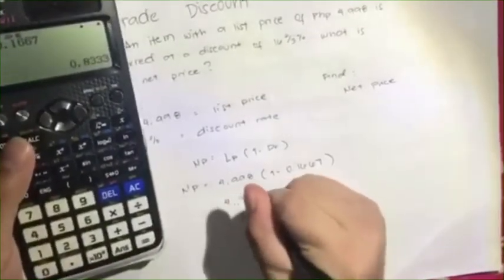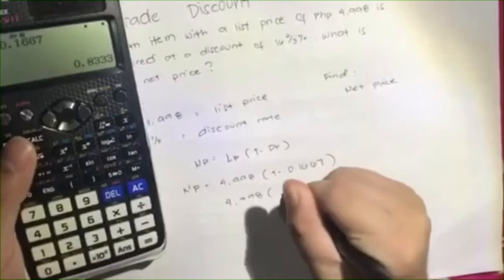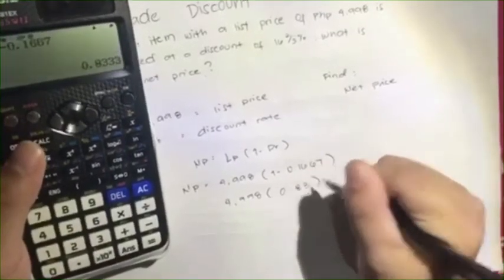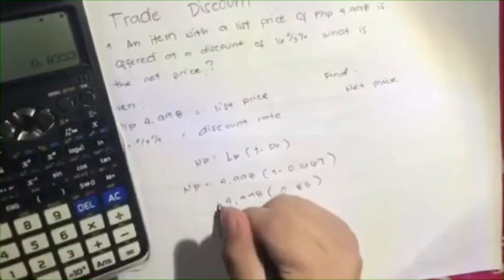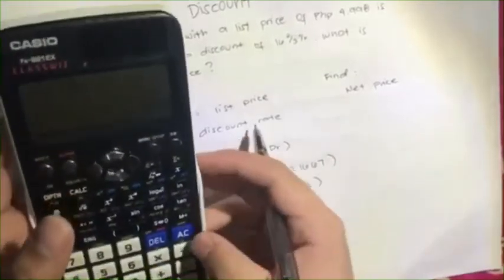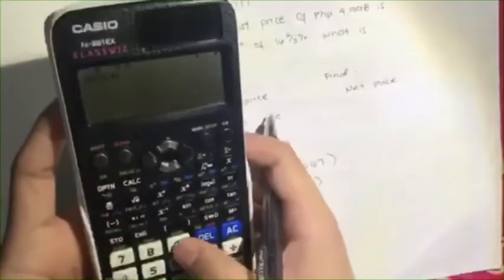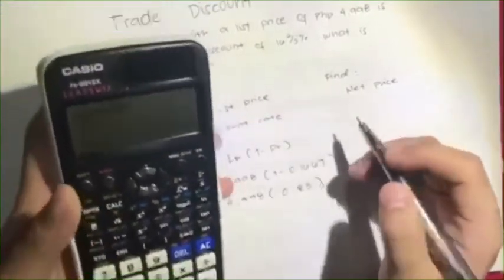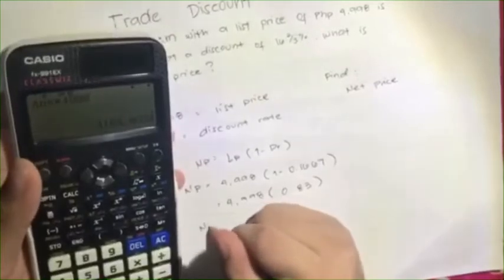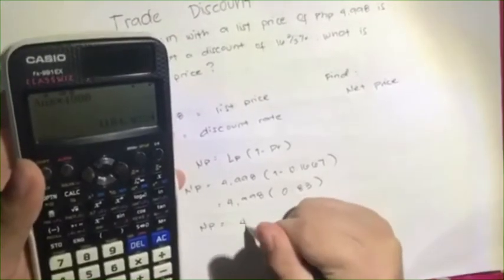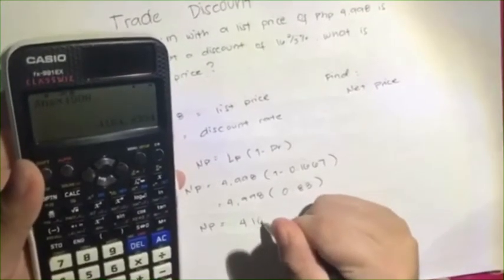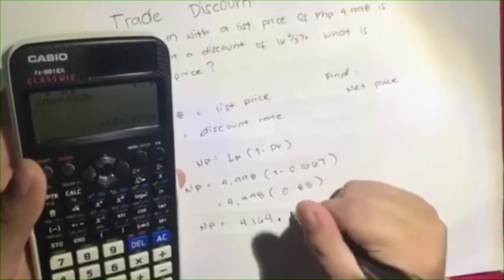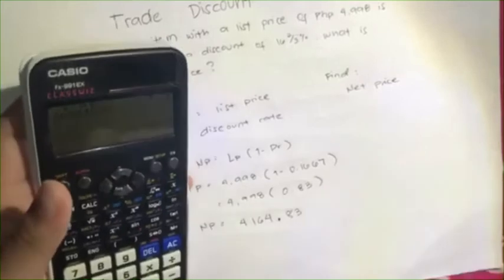So 4,998 times 0.83. And then next na times lang natin siya sa 4,998. So meron tayong net price is equals to 4,164.83.